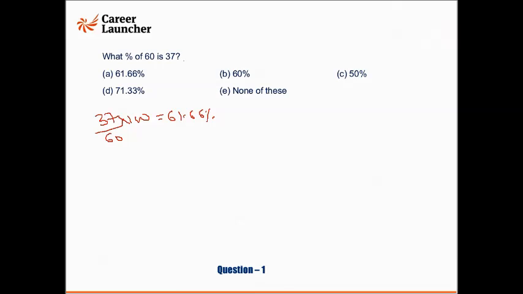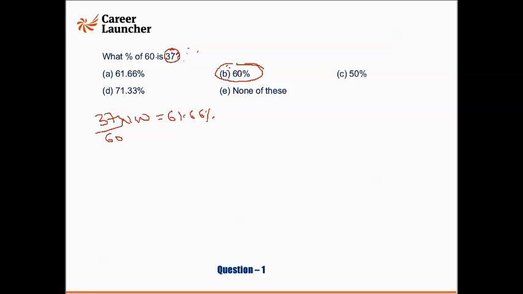So coming to the second option, 60%. 20% of 60 will be 1 by 5 of 60, that is 12, and 60% of 60 will be 36, right? What we have to achieve is 37. 37 is a little higher than 36, so my percentage should be slightly higher than 60%, but not less than that.